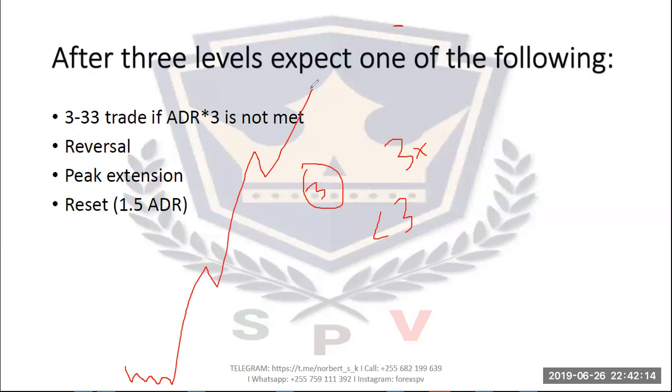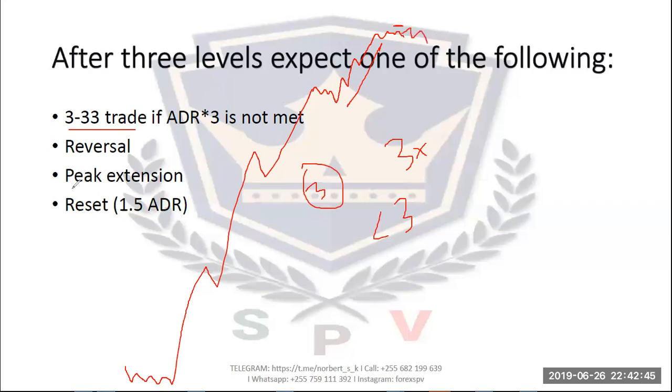So the dealer here would chop and offer 3 intraday levels to complete the ADR times 3. So this one, we call it a 333 trade. The dealer is in level 3 and he moved again 3 intraday levels. So from there, you should now expect a reversal.